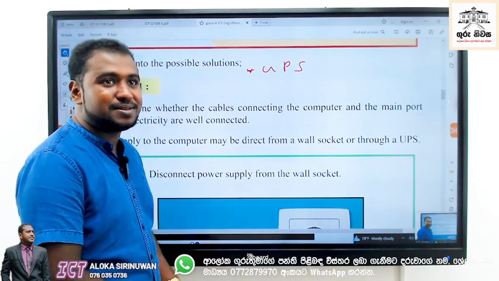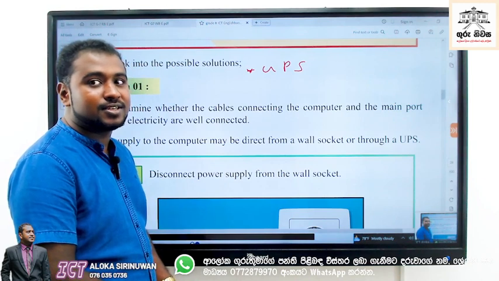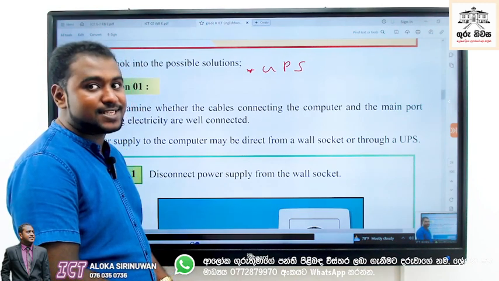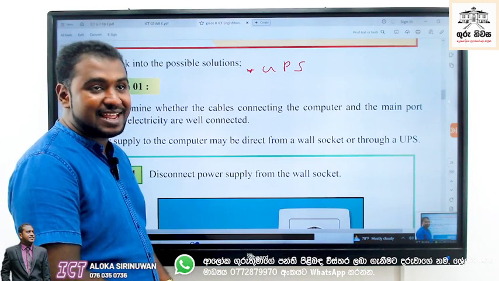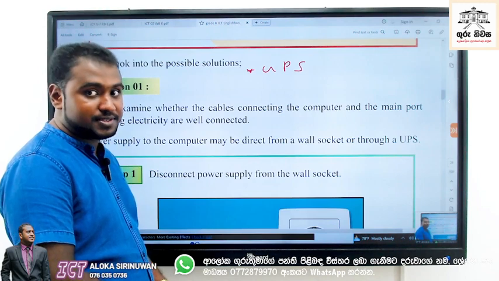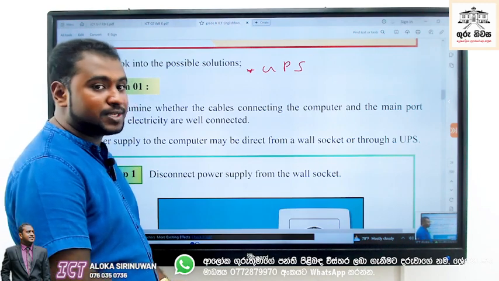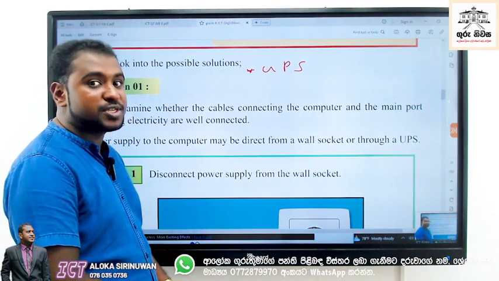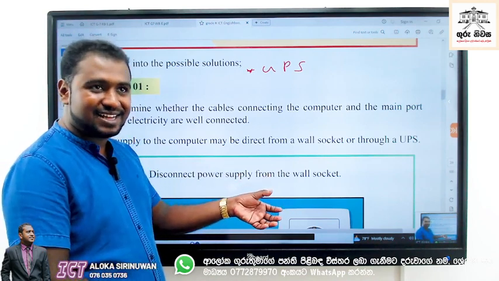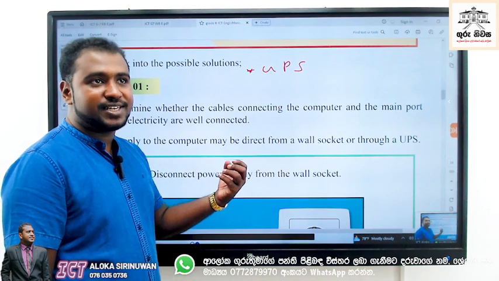Understood? So that is the main action of the UPS. A UPS acts as your phone's battery, like your laptop battery. Even though there is a power cut, you can continue your computer's functions for some particular time period.